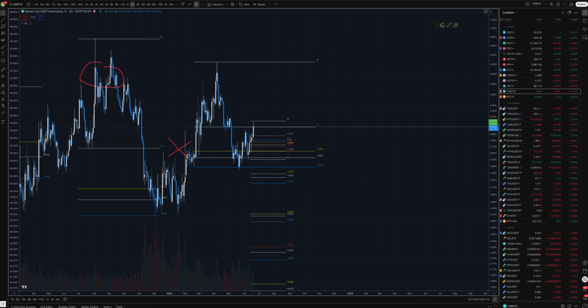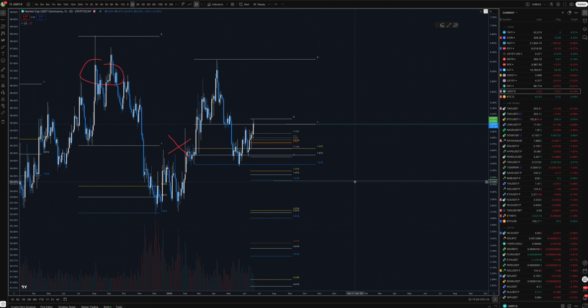Measure it like so, and then once the tether dominance gets to approximately 4.15, that's when we would consider the possibility of calling the bear market, right?